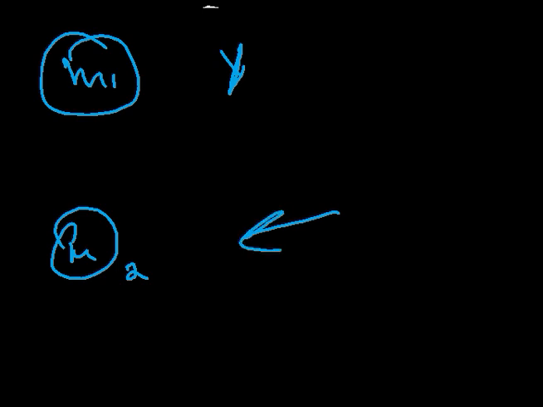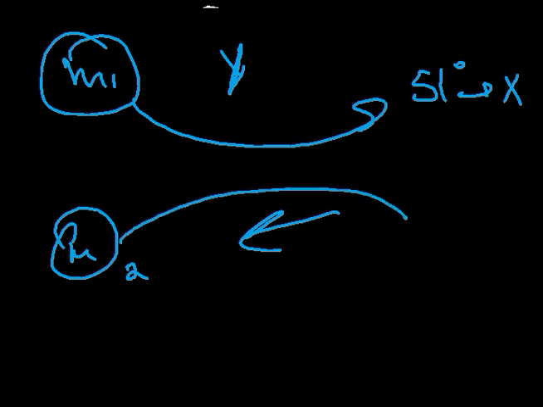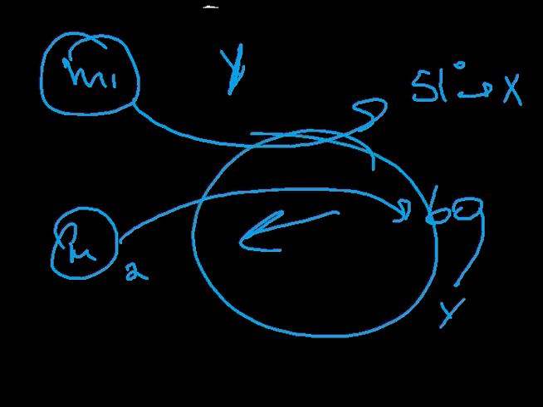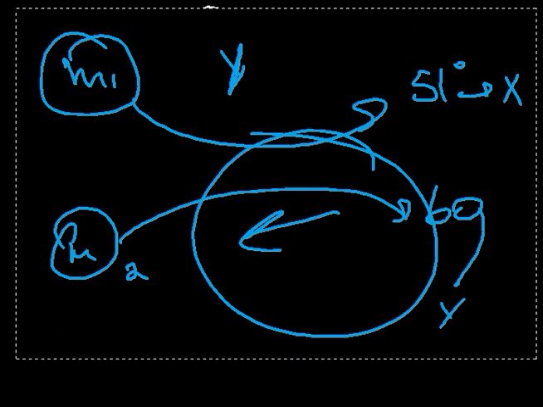And let's say after collision, object 1 is moving at an angle of 51 degrees with respect to the x-axis, and object 2 is moving at an angle of 60 degrees with respect to the y-axis. Come up with a system and come up with equations for the midterm along the x as well as the y-axis. So that's how you have to understand the elastic collision in 1 dimension as well as 2 dimensions.